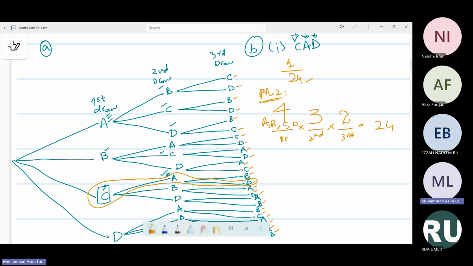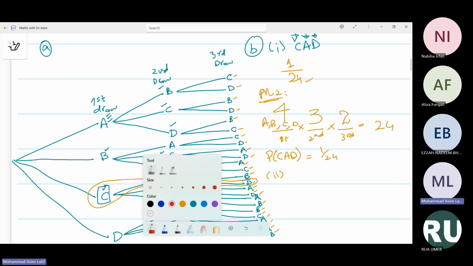And for CAD, this is one of the possibilities of all these possible 24 possibilities. So probability of getting CAD, it is 1 by 24. Now for part 2, which is BAD.